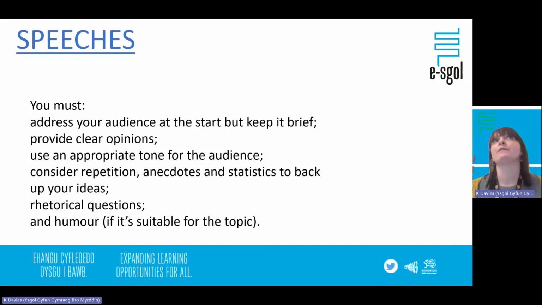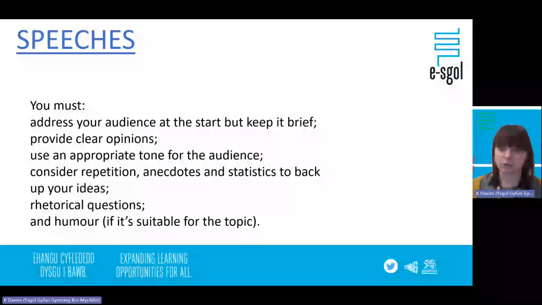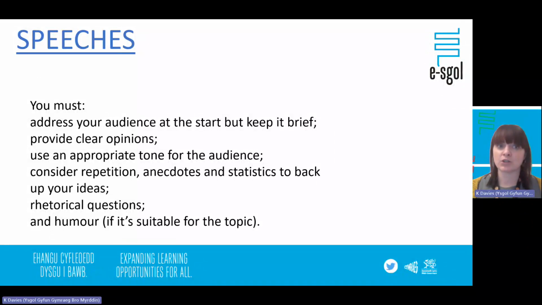So if they're asking you to deliver to your year group or your class, your tone and your approach will be different to whether they were asking you to deliver to maybe the staff body in the school. So you'd have a more formal tone, quite possibly, if writing a speech to deliver to, say, an adult audience, as opposed to if you were delivering to your year 11 class or your year 10 class.